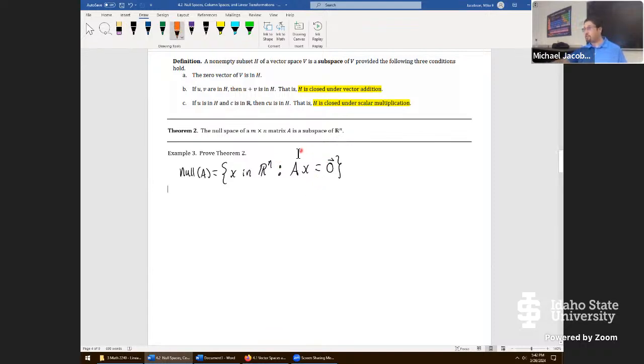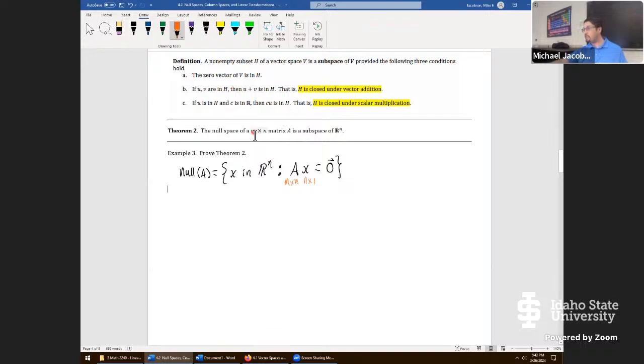There's lots going on with this matrix equation right here. So let's first put in the size of it. A is m by n. X's came from Rn. That's required to make multiplication work. So x is of size n by 1. And this zero vector on the right-hand side, it's not a zero vector in Rn like we mentioned before.